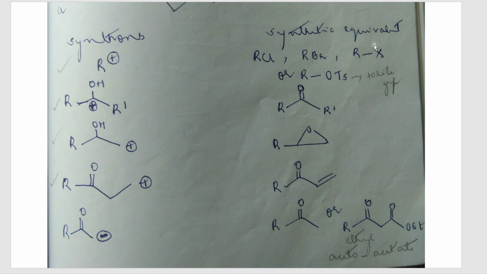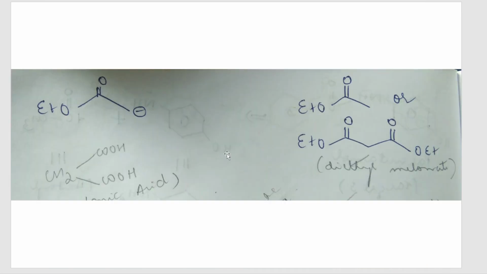Okay, because halogens usually take up the electrons and go, so R will be left with a plus charge. Same way here, if you take a ketonic compound, you will get this type of synthon where this carbon here will have a plus charge. Okay, and these are the different examples of different synthons that you will get, and the different synthetic equivalents that are required to make those synthons. So memorize that chart.